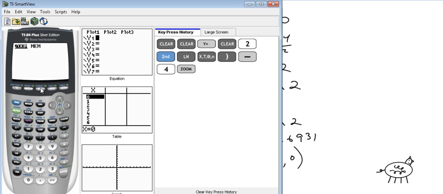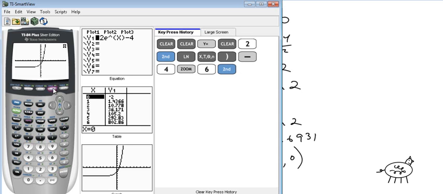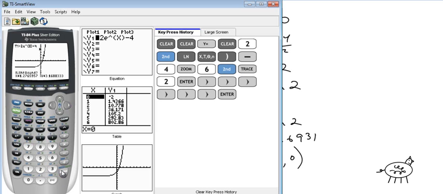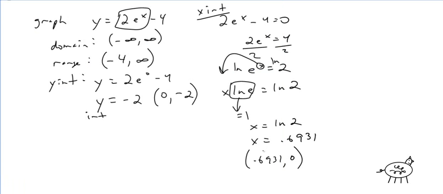Okay, and we can do zoom 6, and there's the graph, and then of course I want to find my x-intercept. So second, calculate 0, and we're to the left of it. That's good. Hit enter, and then to the right of it, hit enter again for guess, and it's 0.6931. Okay, which is exactly what we got.